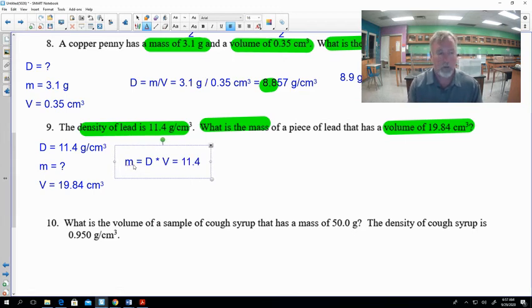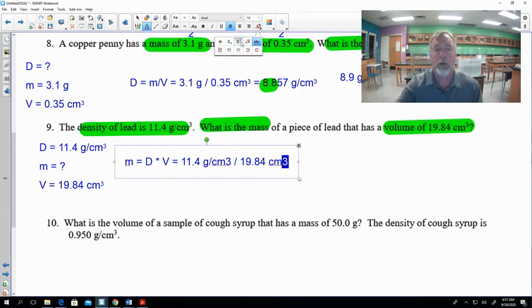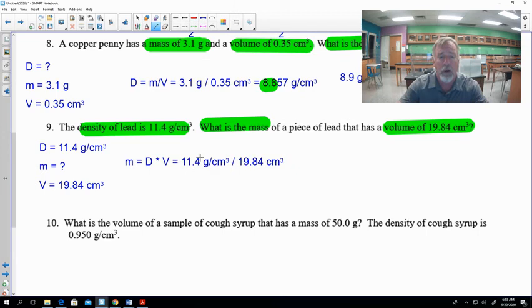11.4 grams per cubic centimeter, and we're going to multiply that by 19.84 cubic centimeters. And let's double check that we've entered our formula correctly. We have grams in the top. Nowhere else do we see grams. We have cubic centimeters in the bottom of our first term.